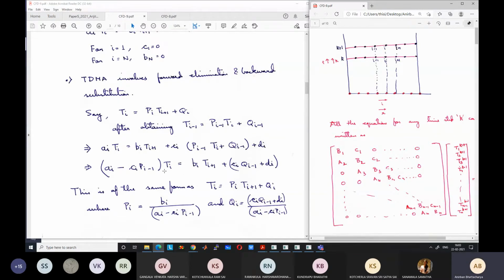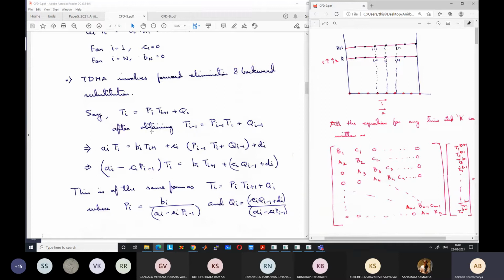Now I divide both sides by a_i - c_i P_{i-1}. So what we get is T_i = b_i/(a_i - c_i P_{i-1}) T_{i+1} + (c_i Q_{i-1} + d_i)/(a_i - c_i P_{i-1}).